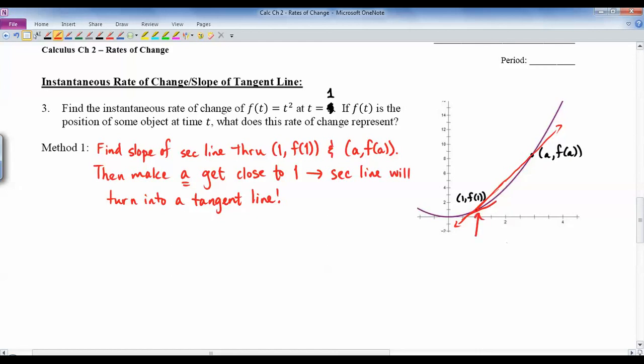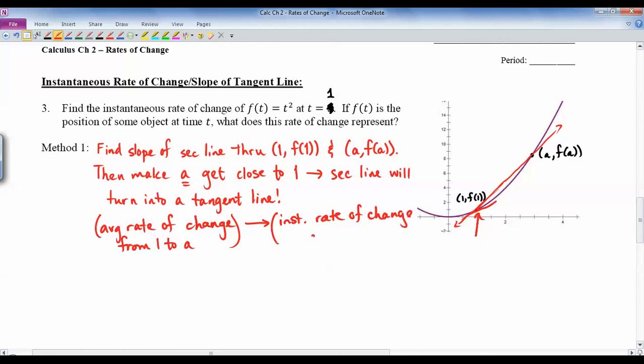That means the average rate of change from 1 to a will turn into the instant rate of change at 1. These are like t values here.